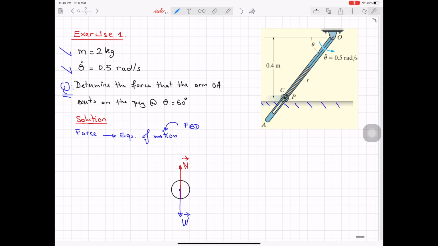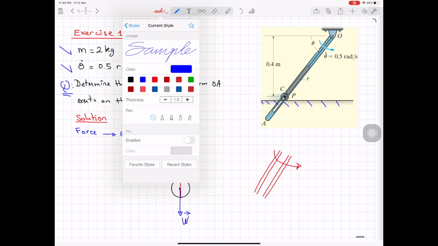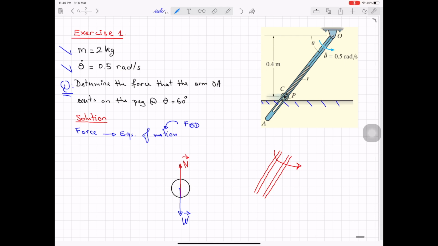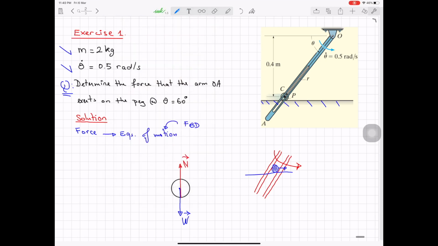Now, when the arm OA moves to the right, it pulls the cylinder in this direction. When it pulls the cylinder in that direction, this side of the arm OA is supporting the mass.